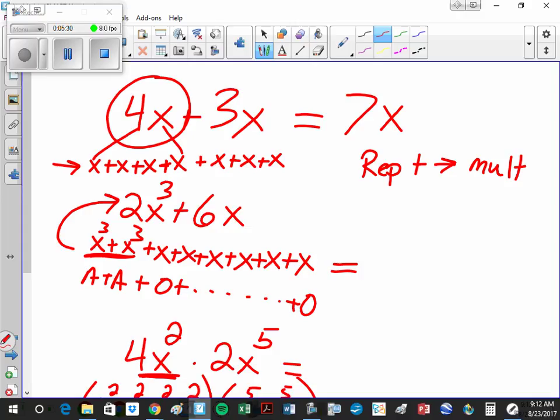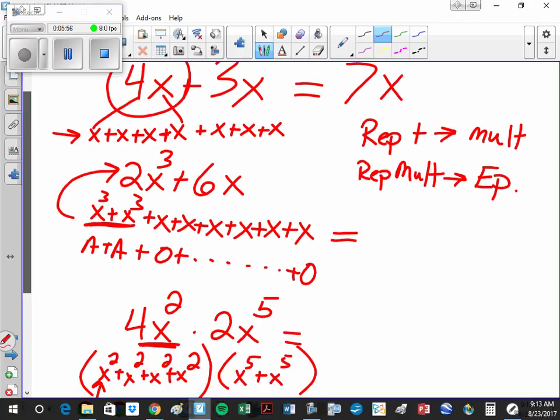Okay. Well, what if I have X times X times X times X? Exponents, right. So if I have repeated multiplication, that turns into an exponent. So this would be X to the 4th.